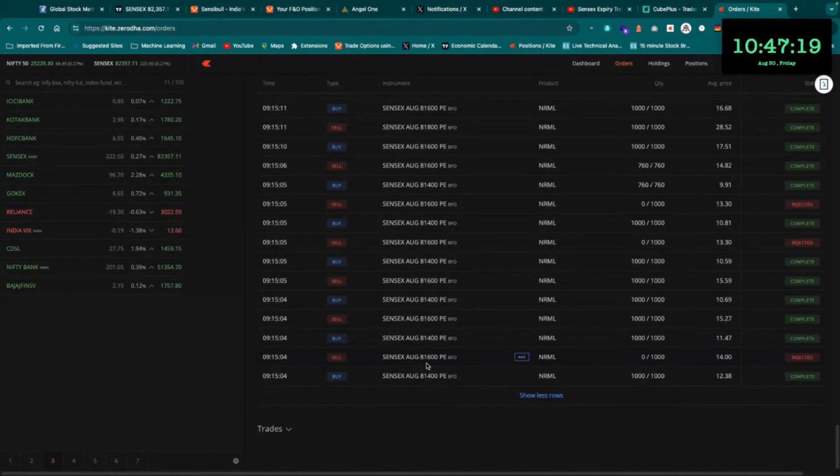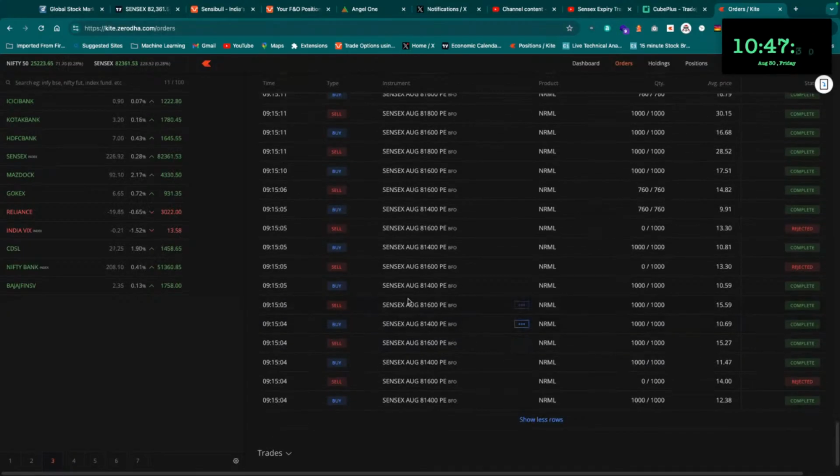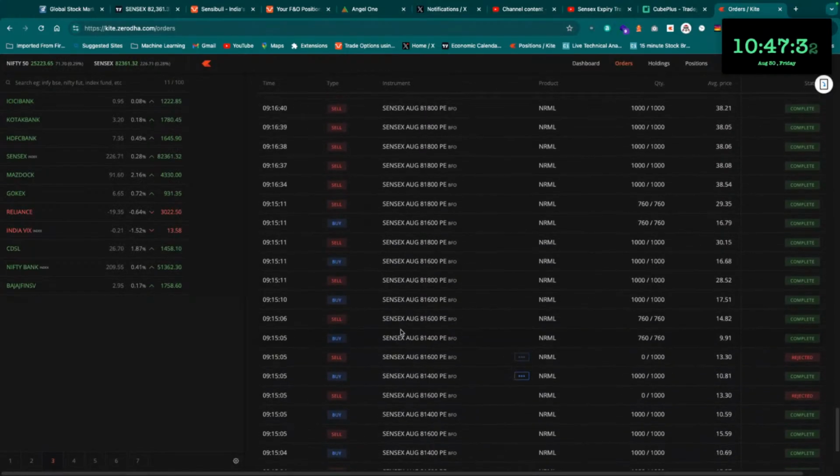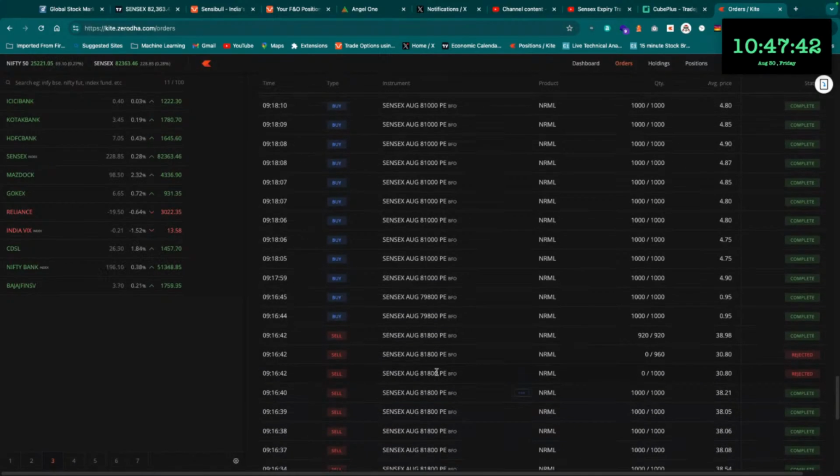So I have exited my existing trades and then I moved on. So it's basically I have exited 81400 PE, and then immediately I sold 81600 PE because I use this trade flow. They automatically do buy and then sell one after another. So that's how it is. And then when I saw some more up move, I started selling 81800 PE. That's where I was there, and then.